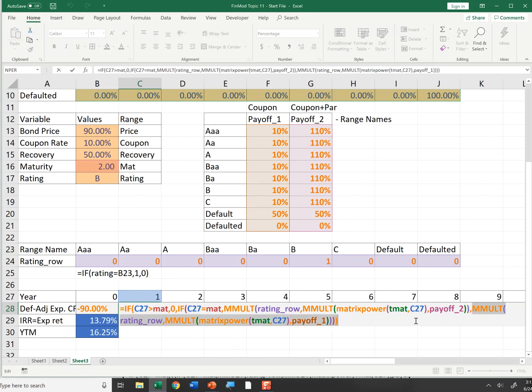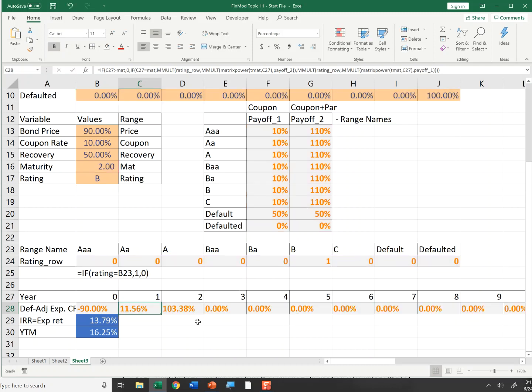This is the last part of the matrix power. If it's not equal to maturity or greater than maturity, it must be less than maturity. And the only difference is, instead of using this column of payoffs, it uses this column of payoffs.